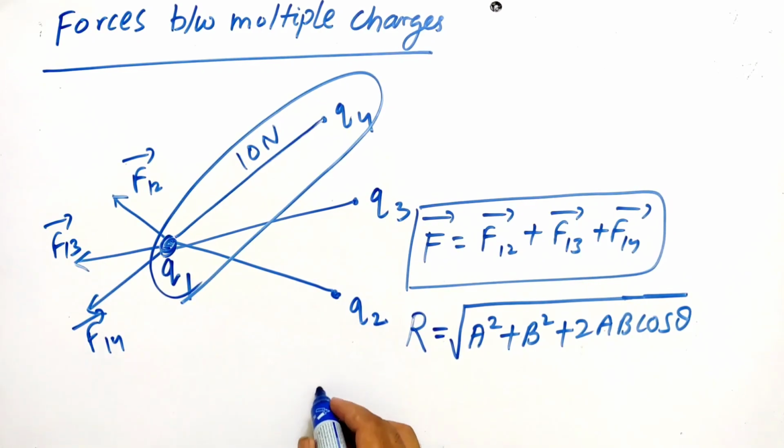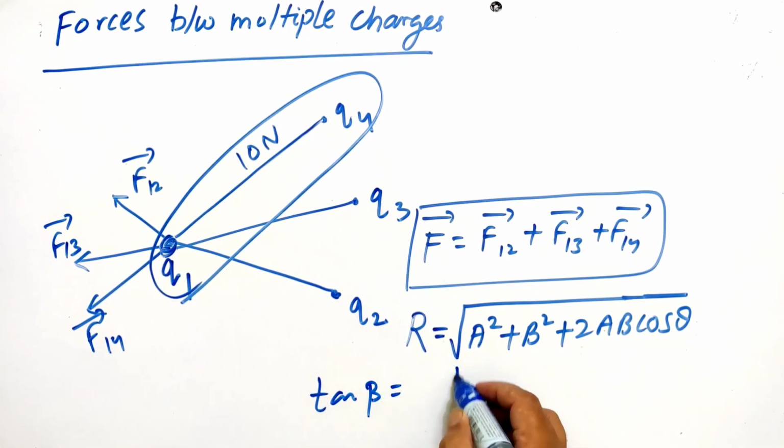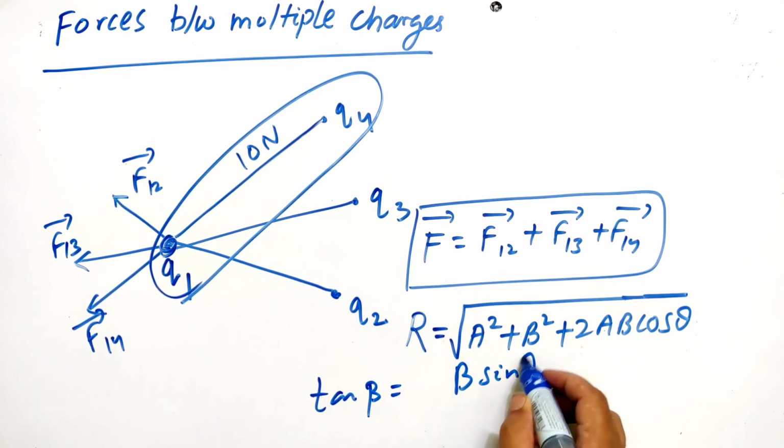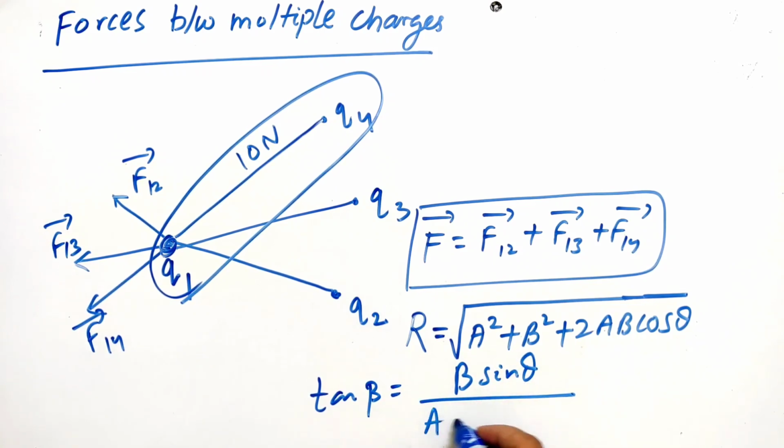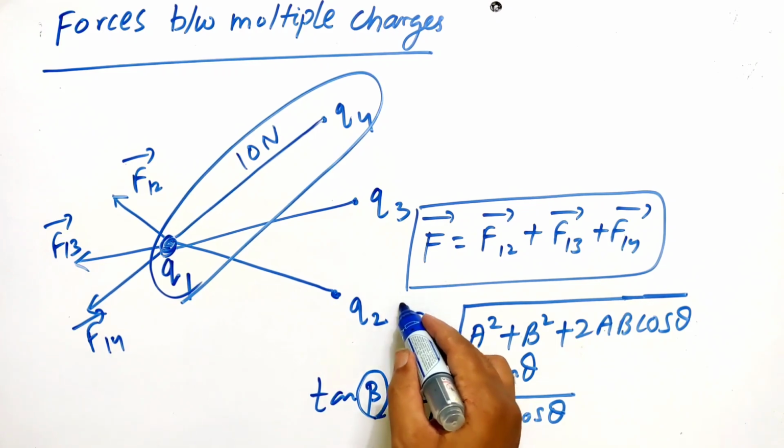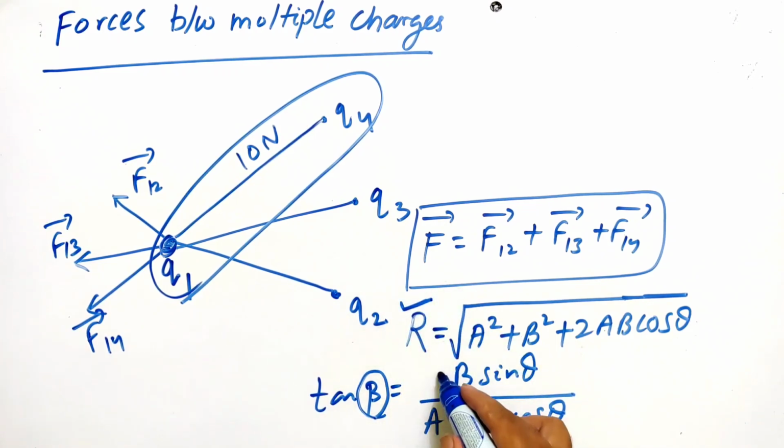And to know the direction, you must use tan beta equal to b sin theta by a plus b cos theta. Here beta is the angle between the resultant vector and the b vector. This is quite important.